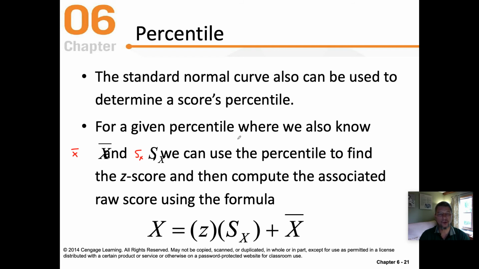If we know these two values, we can use the percentile to find the z-score and then compute the associated raw score using the formula from the first video: X equals z times the standard deviation plus the mean, for the sample.